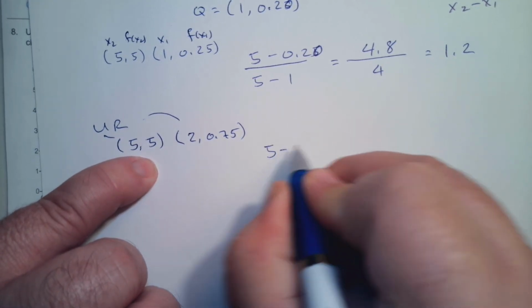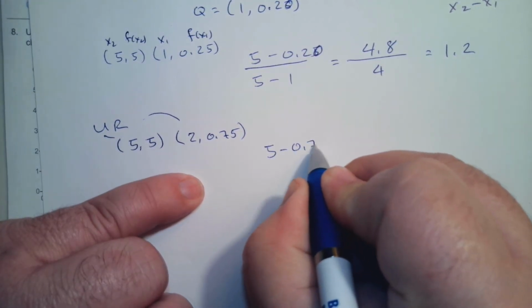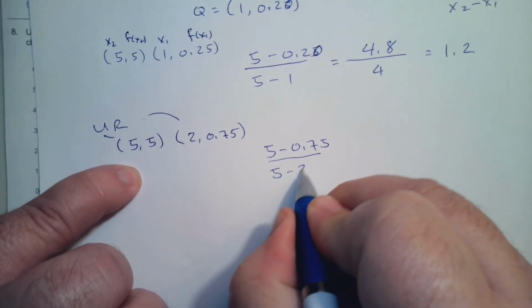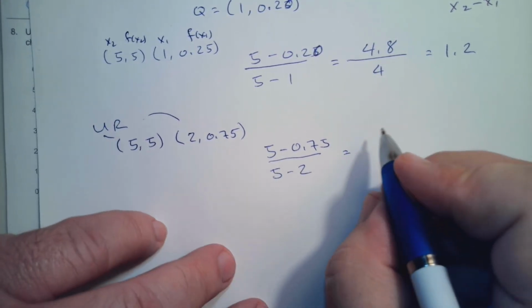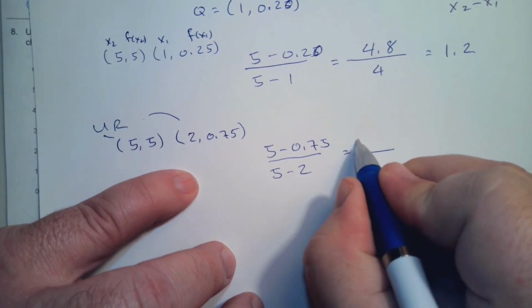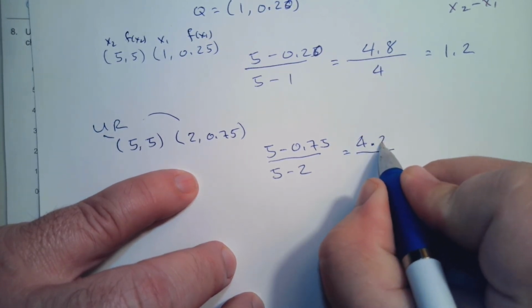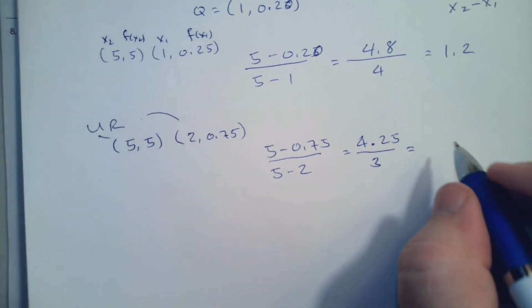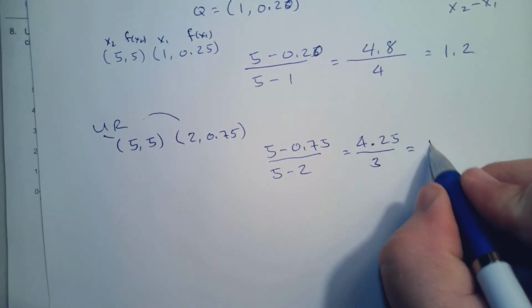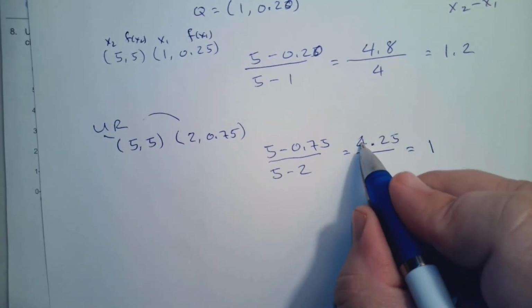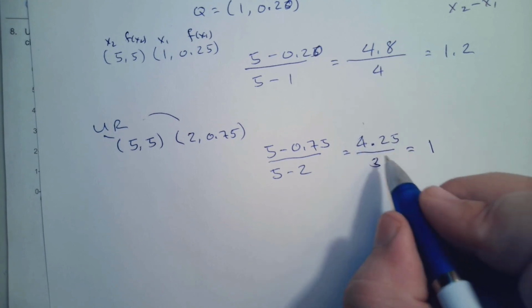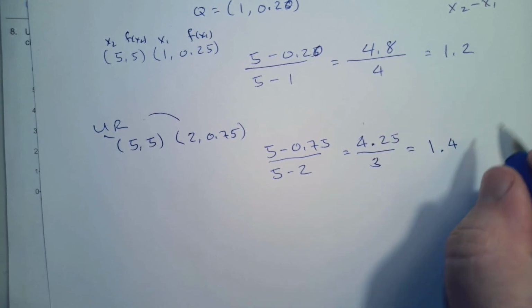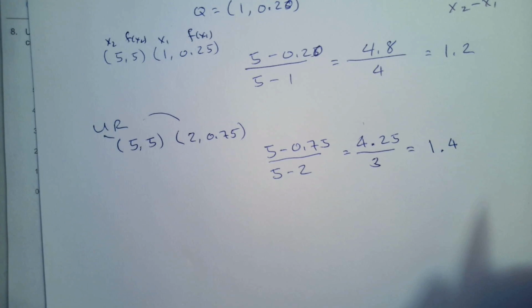So 5 minus 0.75 over 5 minus 2. 4.25 over 3. There's 1 left over. 1.4 ish.